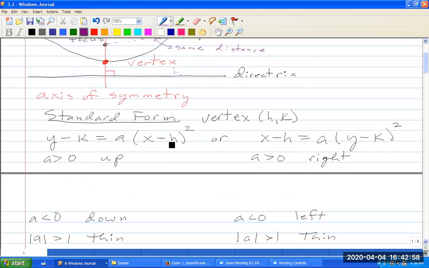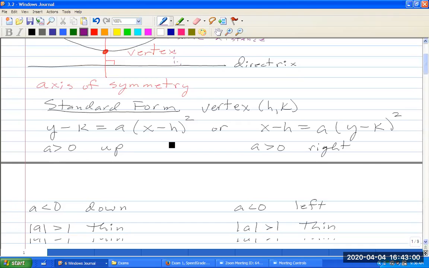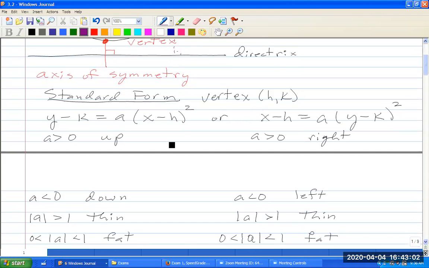So let me give you the standard form for the equation of a parabola with vertex (h, k). The standard form is y minus k equals a times the quantity x minus h, squared.